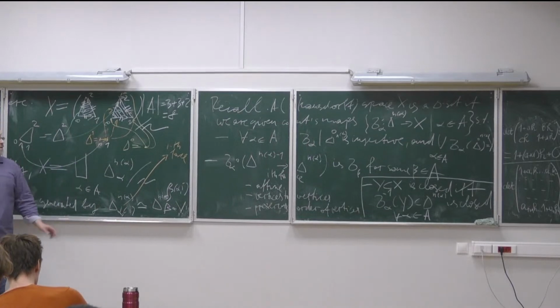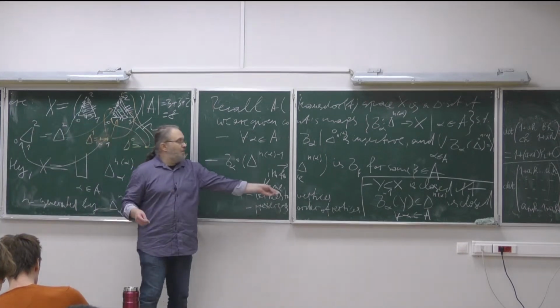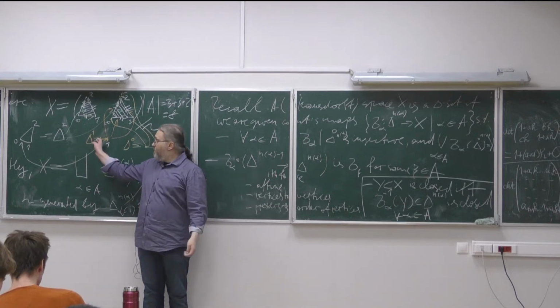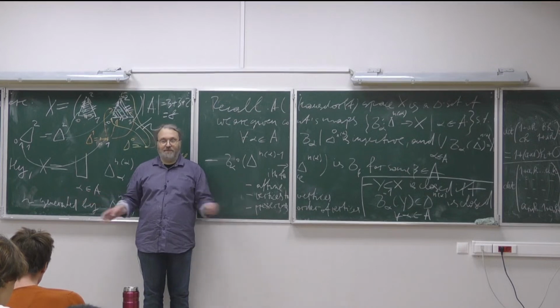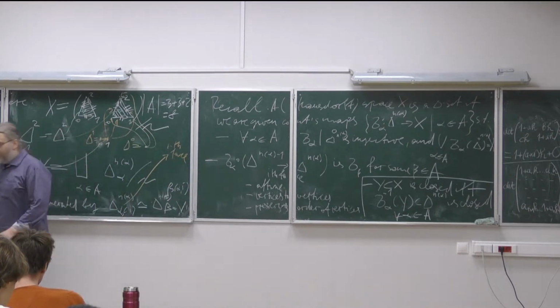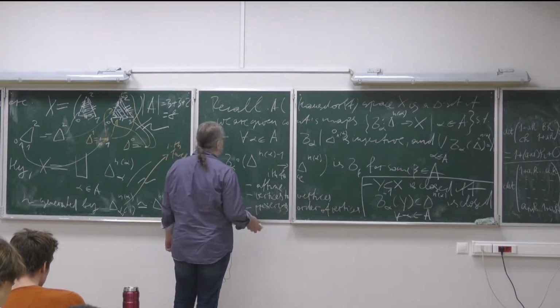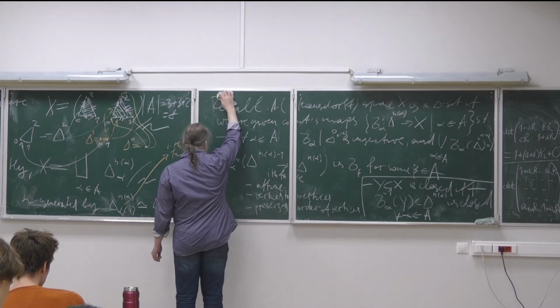Okay, now let's see. So we know from this definition and from this example what a delta set is, sort of. Let's recall the chain complex which is associated to a delta set.